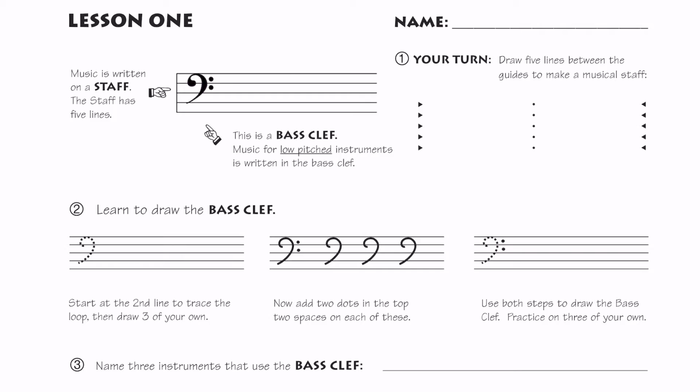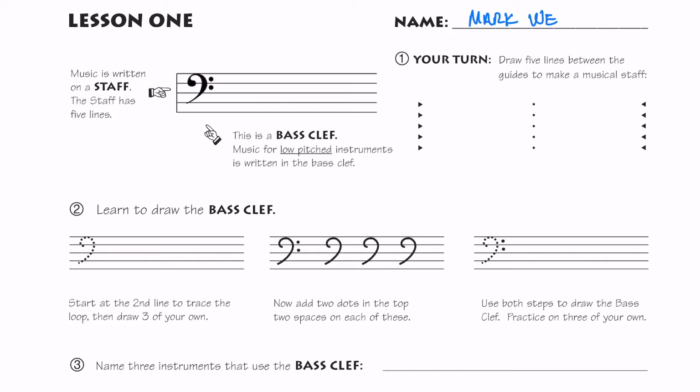All right. The very first thing you want to do with lesson number 1, if you have the book in front of you, great. If you don't have the book, for the first 5 lessons, I give you a free downloadable PDF that you can print out so that you can learn the very, very basics of music notation. At the top of every lesson, the most important thing is writing your name.